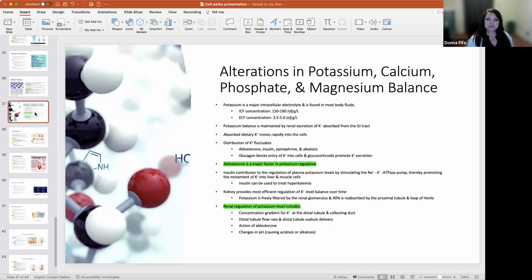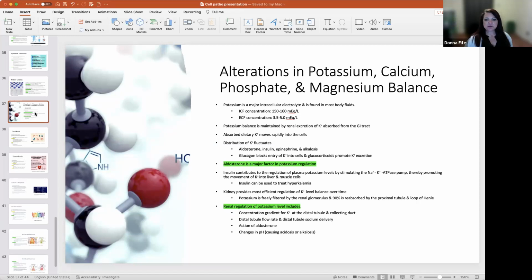Absorbed dietary potassium moves rapidly into the cells, and the distribution of potassium fluctuates. Aldosterone, insulin, epinephrine, and alkalosis promote entry of potassium into cells, glucagon blocks entry of potassium into cells, and glucocorticoids promote potassium excretion.